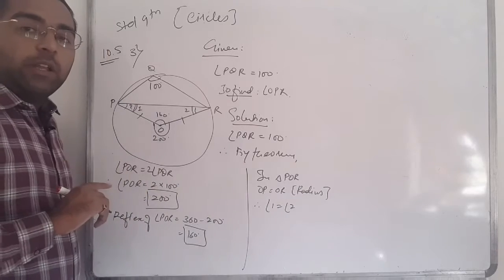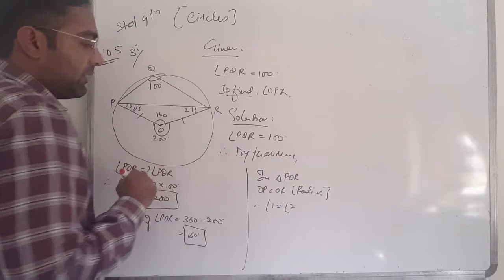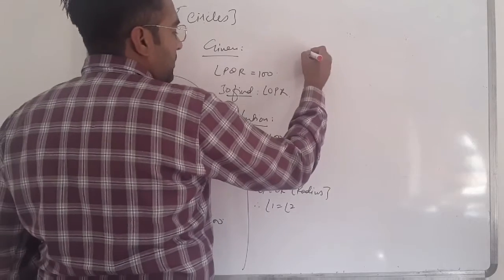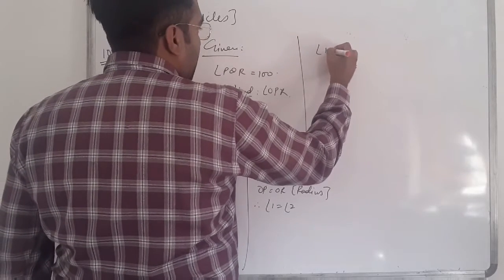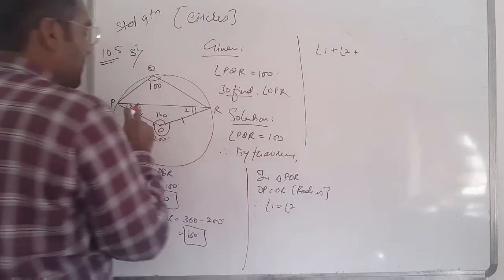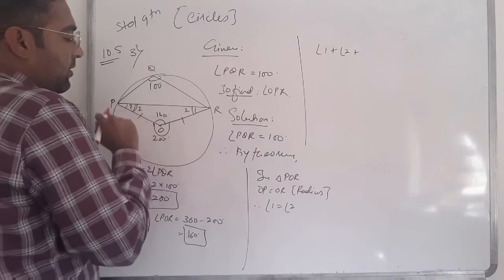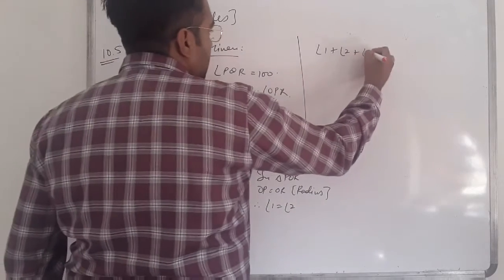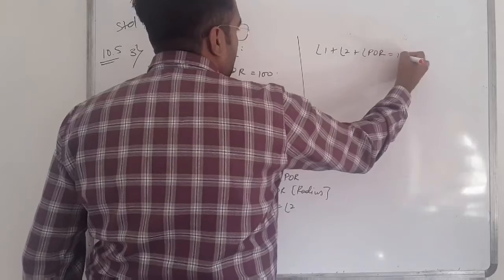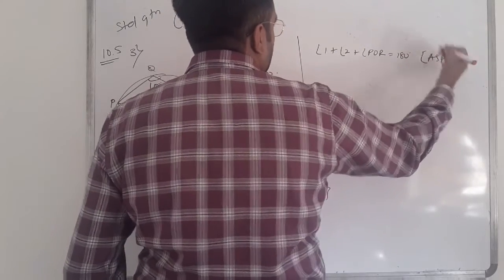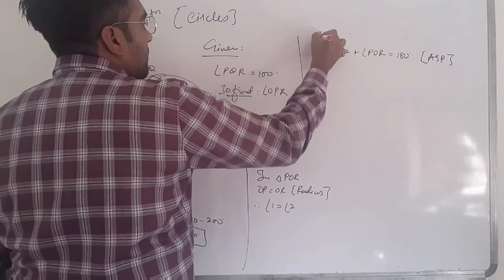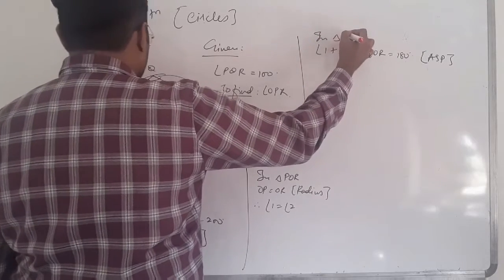Now we are taking the angle sum property for this triangle. Angle 1 plus angle 2 plus angle POR is equal to 180 degree. That is the angle sum property.